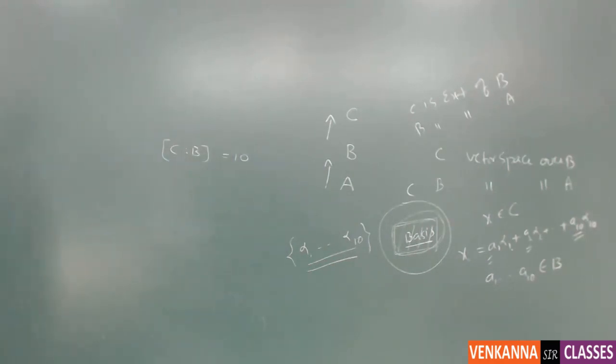It means that B is a subfield of C. In other words, C is an extension of B. We can find a basis for C which contains 10 elements. Okay.